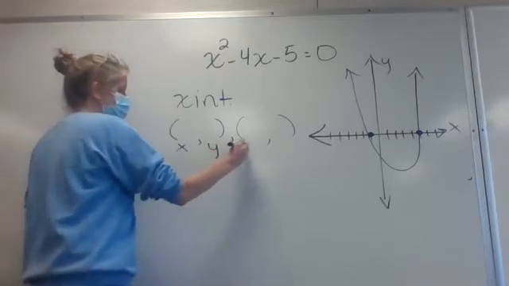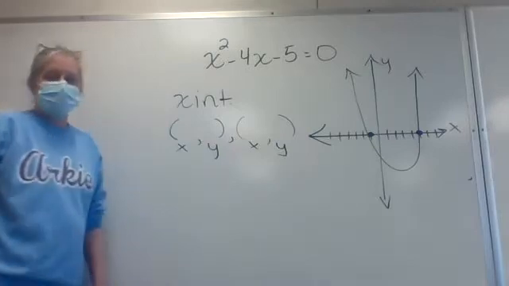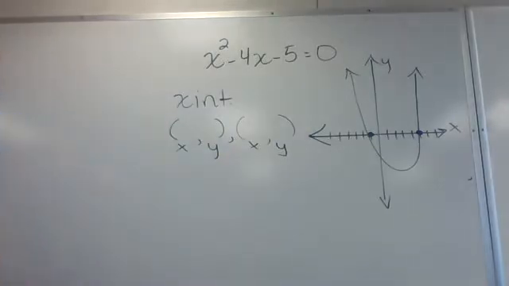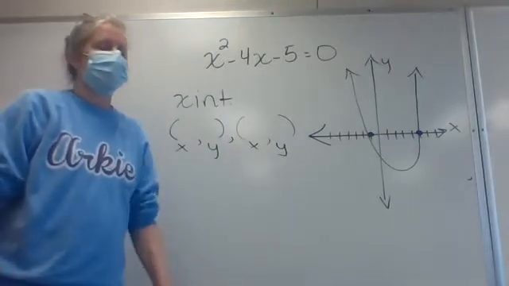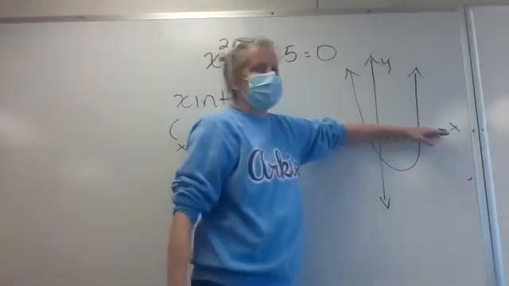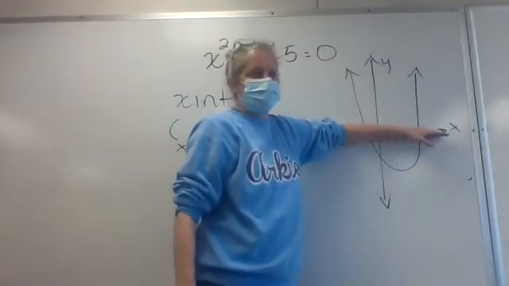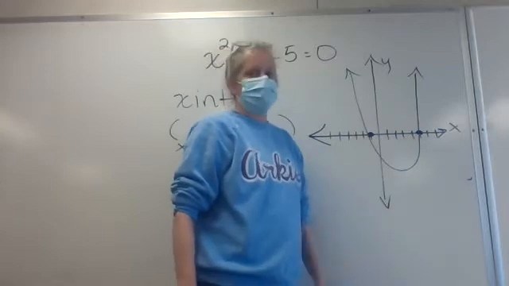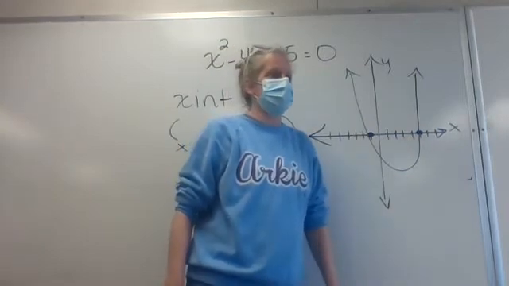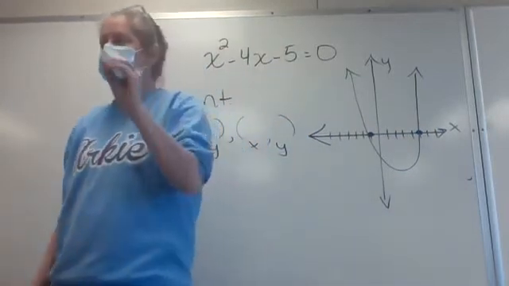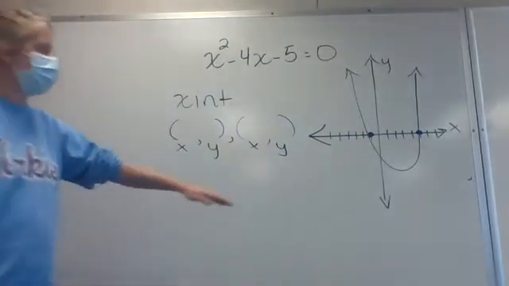So each ordered pair will always have an x coordinate and a y coordinate. If you are on the x-axis here, what does that mean your y's are? Your 0, right? Because what does y being 0 mean? It means your point hasn't moved up or down.